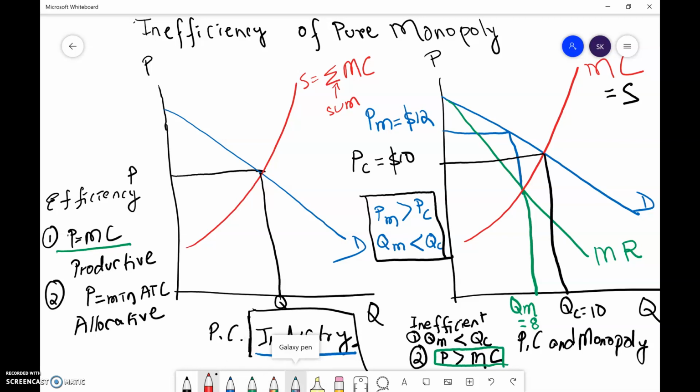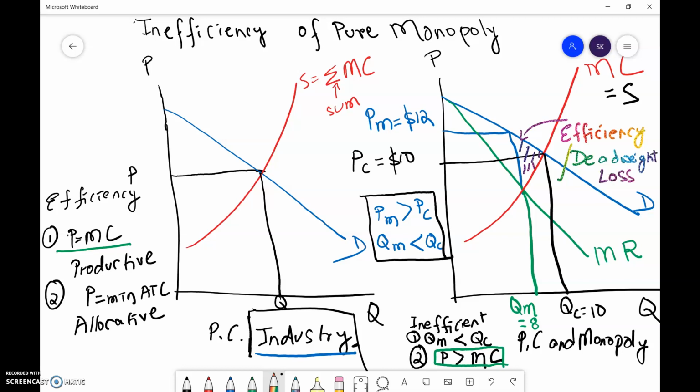So we see less output is produced in a monopoly market structure compared to a perfectly competitive market structure, and this part is the efficiency lost, or the other name for this shaded part is called a deadweight loss.